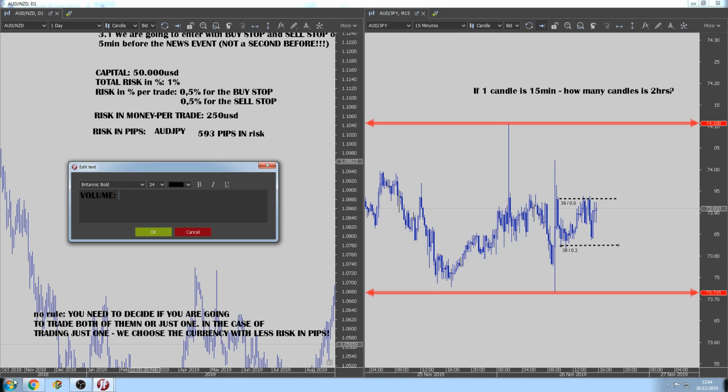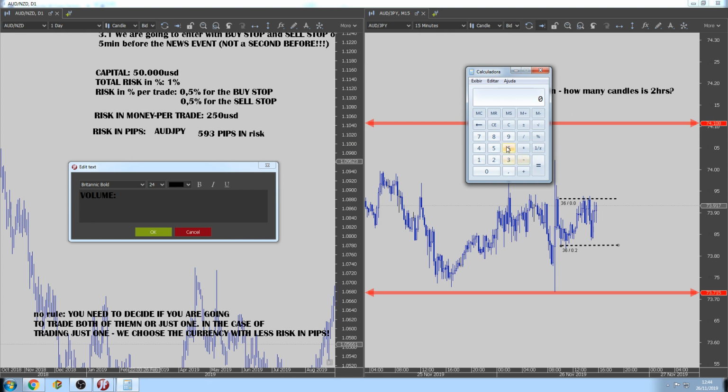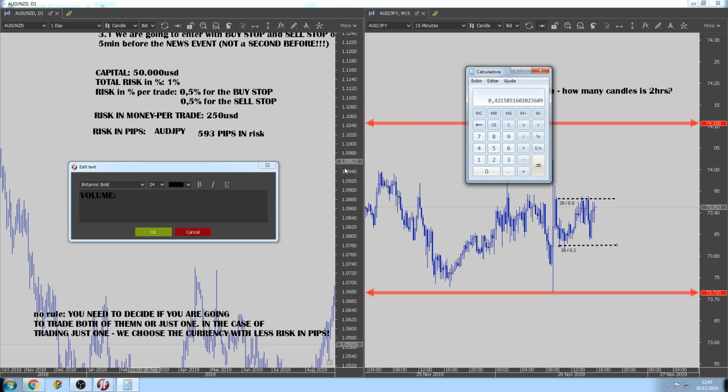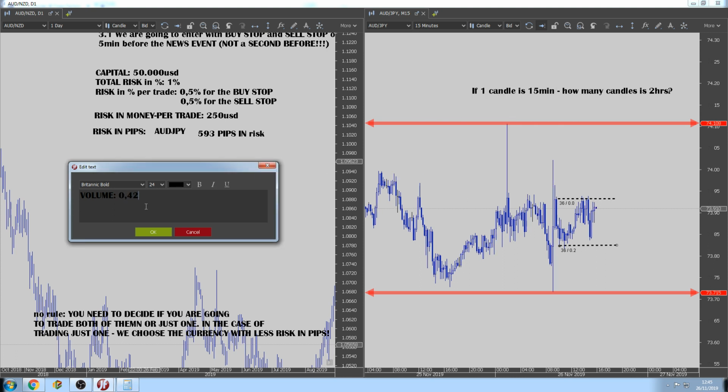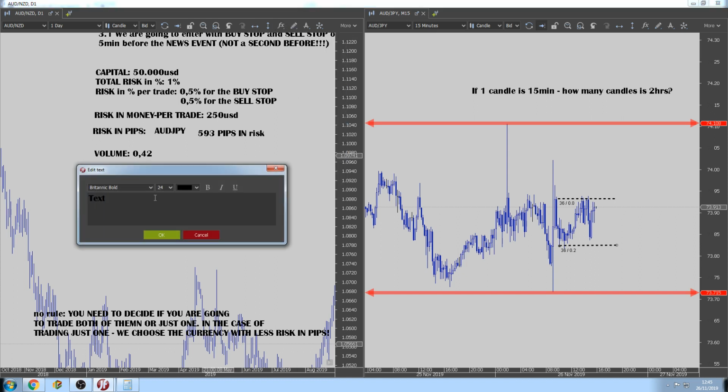So I'm going to take the calculator and go 250 divided by 593, which gives me 0.42, right? Volume 0.42. This is the volume, and the calculation is money divided by points in risk.